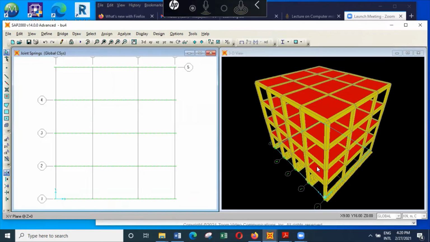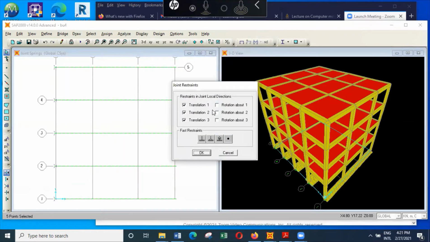So the full model is now with the springs, but I have to do something now, and that is to make sure this structure does not move. So I will have to make sure that these locations have some restraint, and the restraint is that it cannot move in X and Y directions.